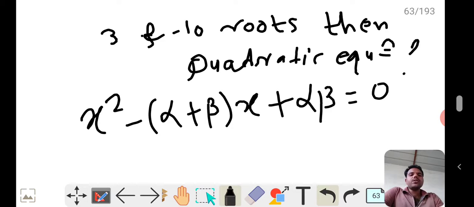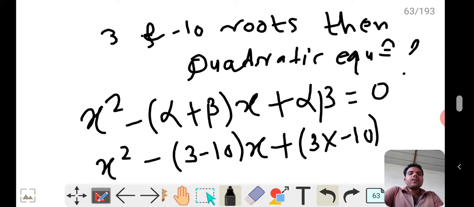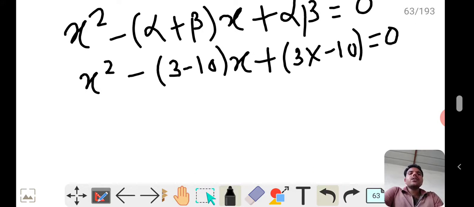So from this we can write x square minus the sum of the roots, that is 3 minus 10, times x plus the product of the roots, 3 into minus 10, is equal to 0. By solving this we will get our required quadratic equation.